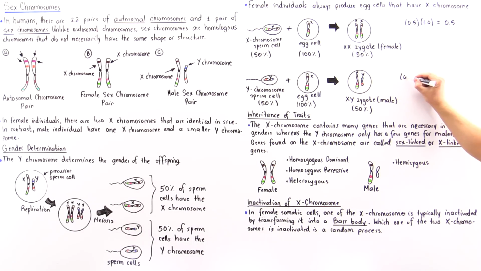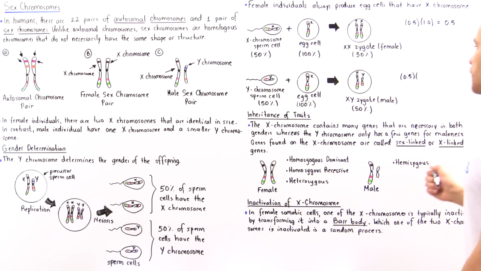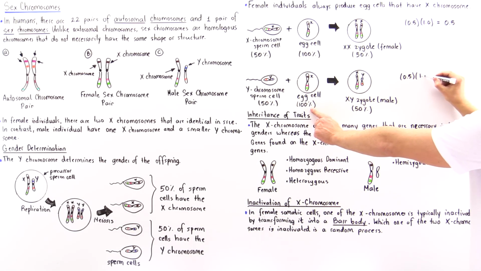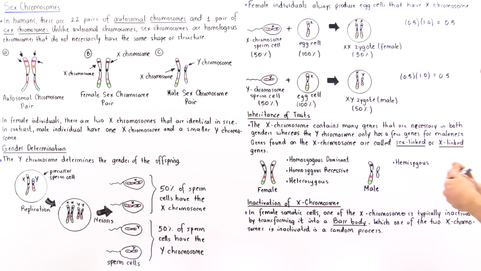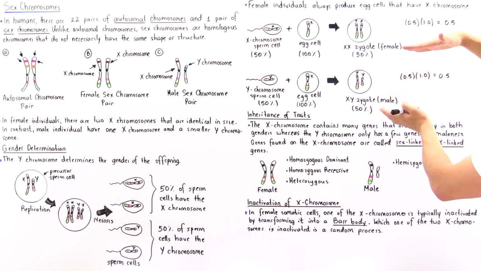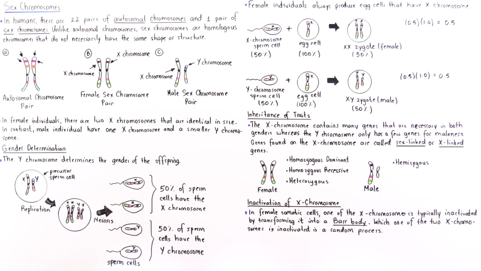And likewise, we can use the same exact mathematics in this particular case. So 50% chance of the sperm cell carrying the Y chromosome, 0.5 multiplied by 1.0, and that gives a 0.5 chance, or 50%. So we see that forming a female and a male are equally likely events. So this is 50% chance, and this is 50% chance.